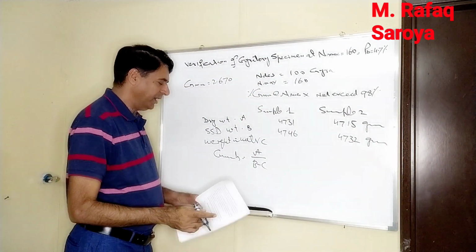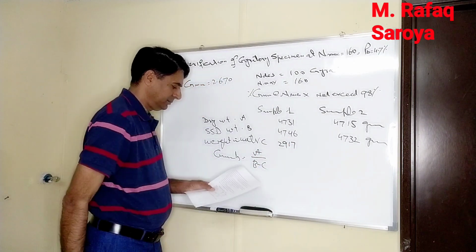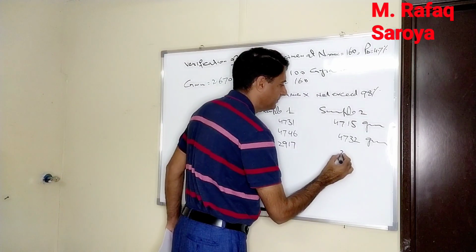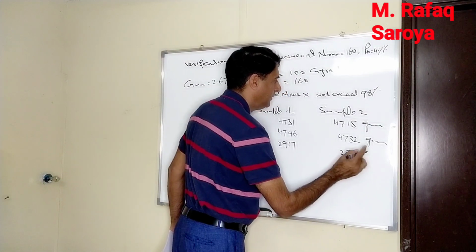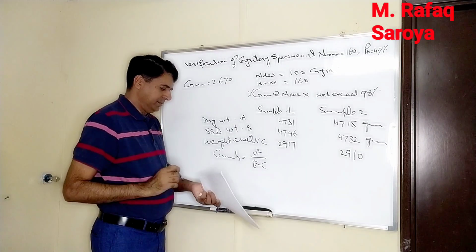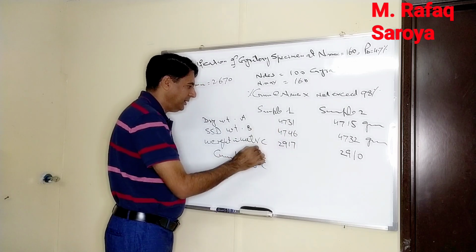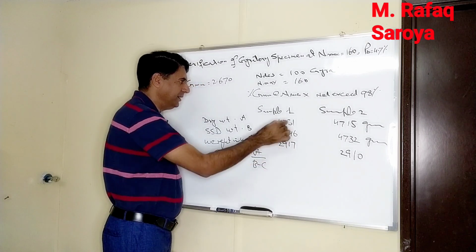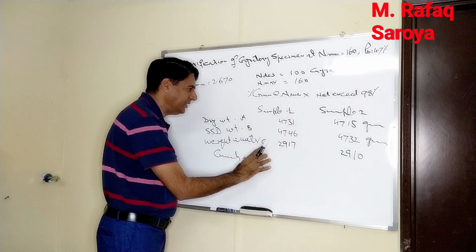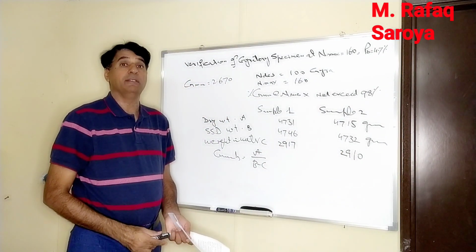Next is the weight in water, 2917 and 2910. When these values are put in this equation, let me tell you, these are the values A, B and C. When these three values are put in this equation, we are going to get the value of Gmb.